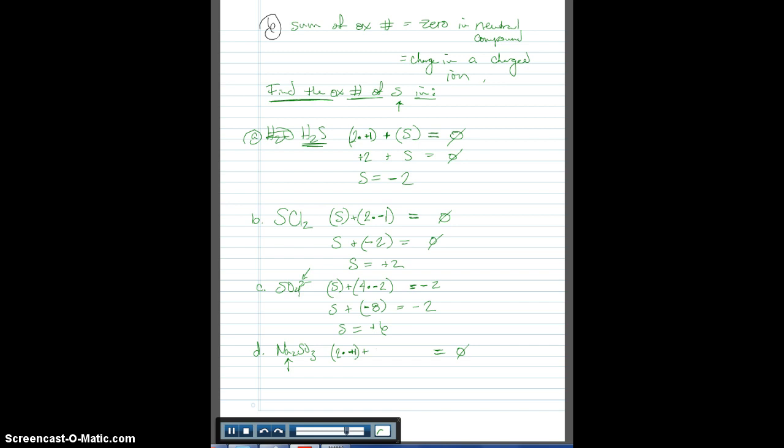We're going to add that into the sulfur, and into our oxygen, which we have 3 oxygens here multiplied by a -2. And so then we're going to have +2 plus sulfur plus -6 equals 0. And so we're just going to solve this. So now we have sulfur equals +4. And there we go.